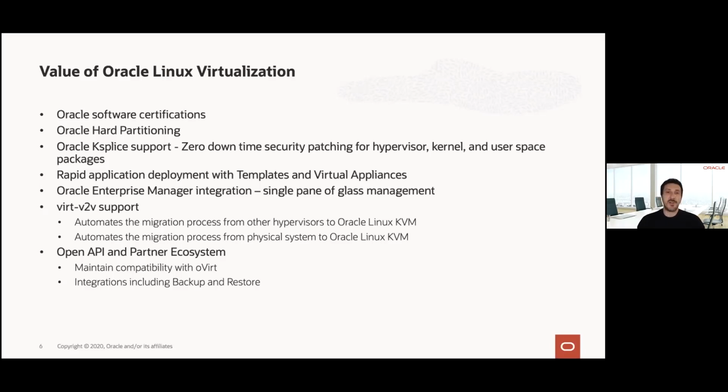So it's a single pane of glass management that gives you the opportunity to monitor and administer your entire architecture, starting from the virtualization layer, the operating system, as well as the Oracle database, or even the applications running on top of your Oracle database. So it's a single pane of glass management where at the end you can get the entire overview of your services, the entire overview of your deployed architecture.